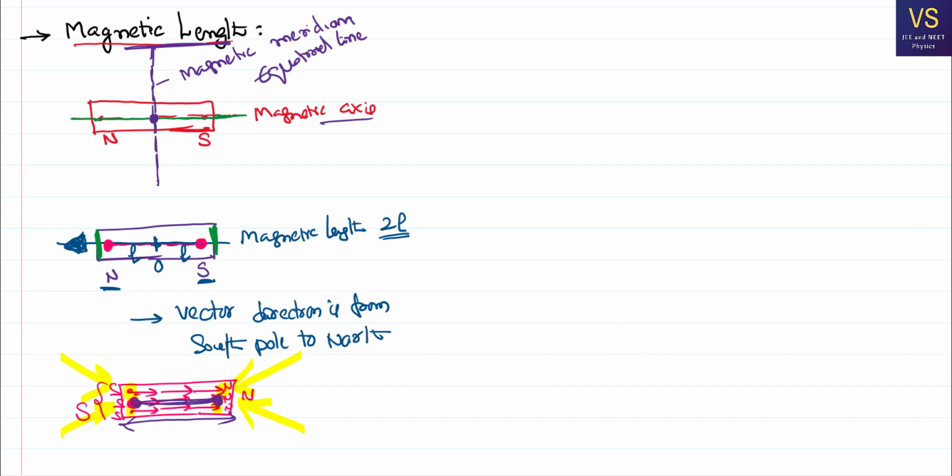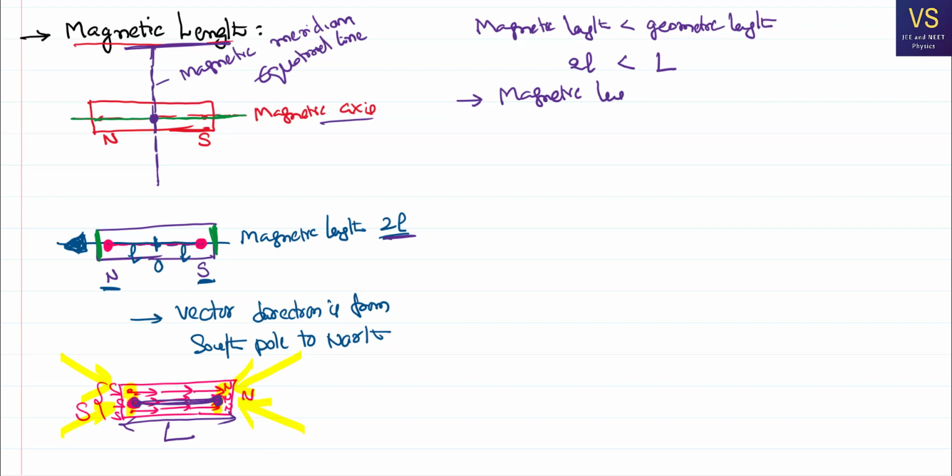So what we can say is that magnetic length is less than the geometrical length, simply because of the internal repulsion of the tiny magnets inside the magnet. So I said magnetic length is represented with a length 2L. That's less than the original length of the magnet, right? It is experimentally observed, approximately, not perfectly, that magnetic length is approximately 5/6 of the geometrical length.